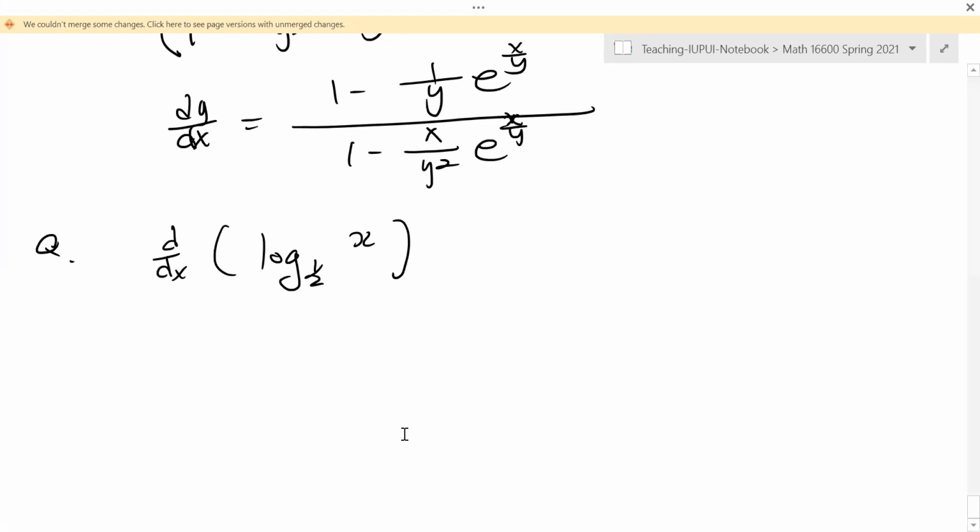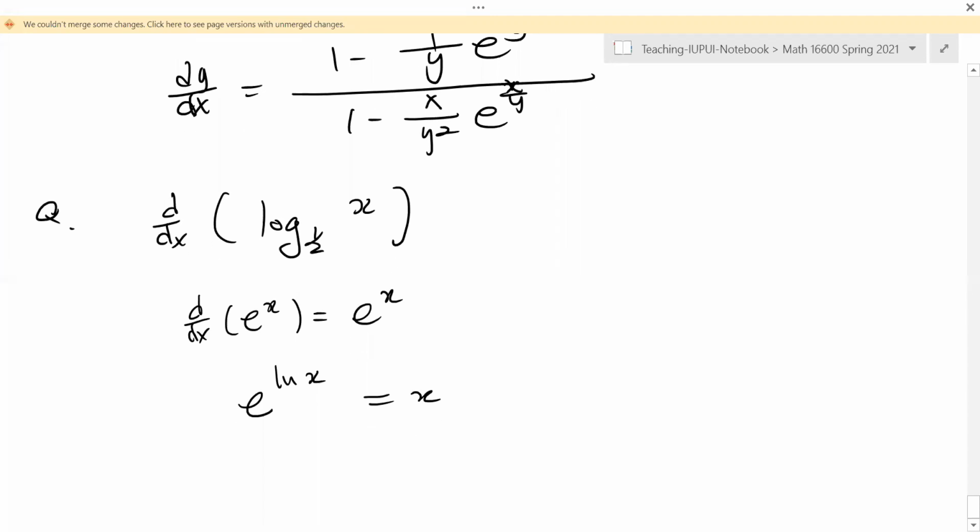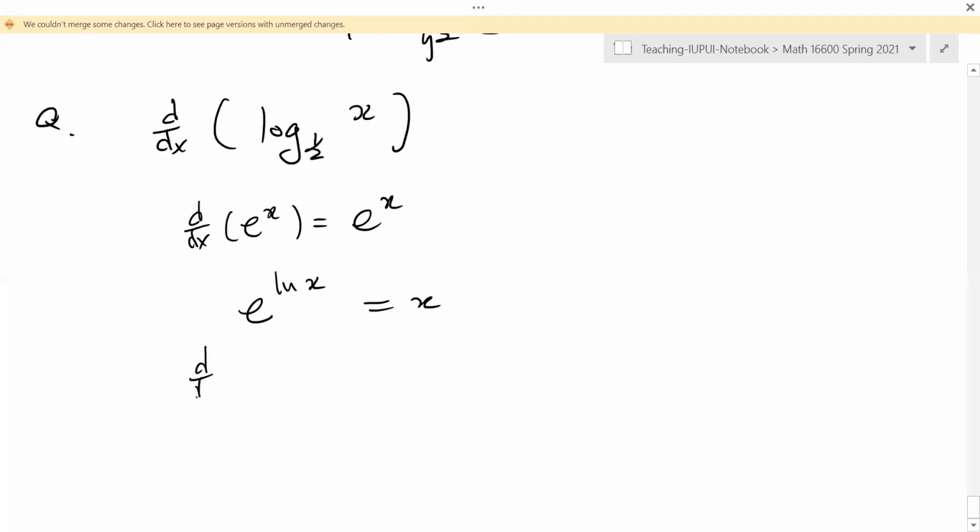So we want to find the derivative of this, but at least you should know the derivative of natural log of x. We get some ideas, right? How to do that? Well, you can use e to the natural log of x equals x. So you differentiate both sides with respect to x.